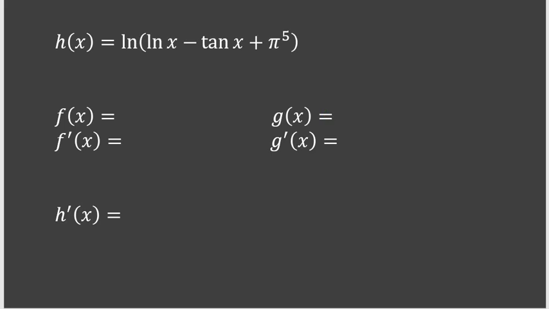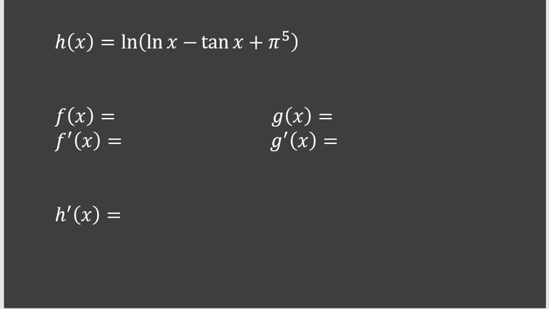Going on to our next example here. Another h of x: this is the natural log of (the natural log of x minus tan x plus pi to the fifth). Try to think about this one on your own. Try to identify what are the two functions making up my composition here.